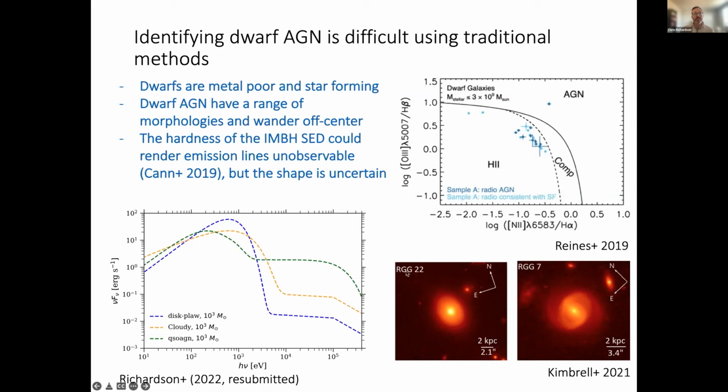And then finally, the hardness of the intermediate mass black hole SED is uncertain. So here we have 3 different models that have fixed black hole mass, and they give very different accretion disk temperatures and X-ray fluxes. And that uncertainty can then lead, as you decrease the black hole mass, to possibly unobserved emission lines like O3.